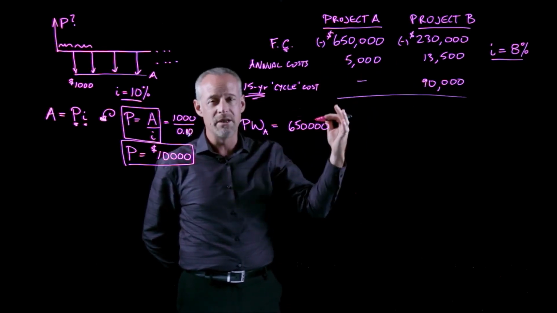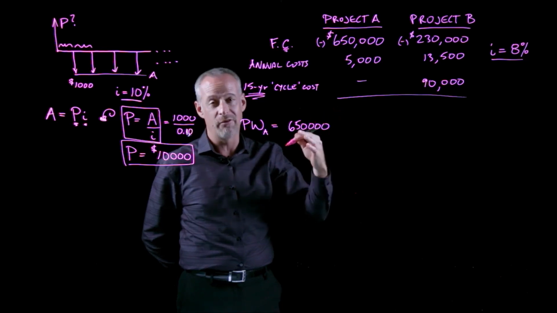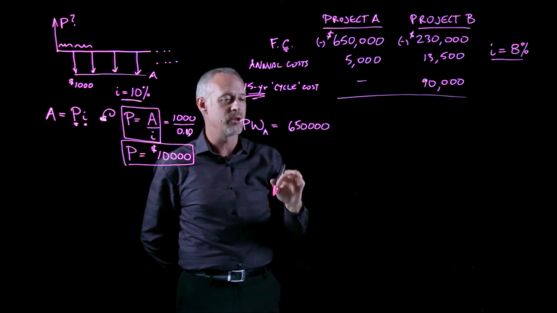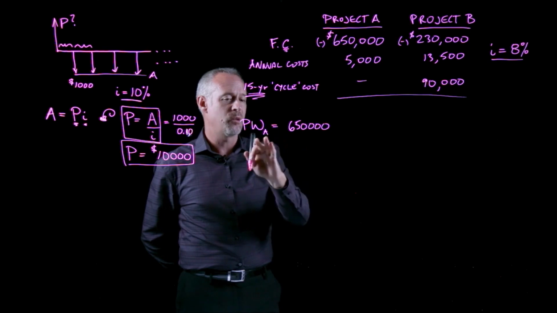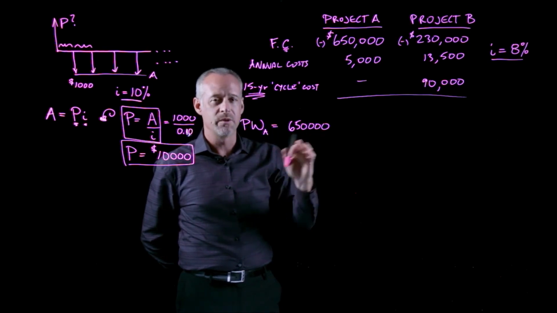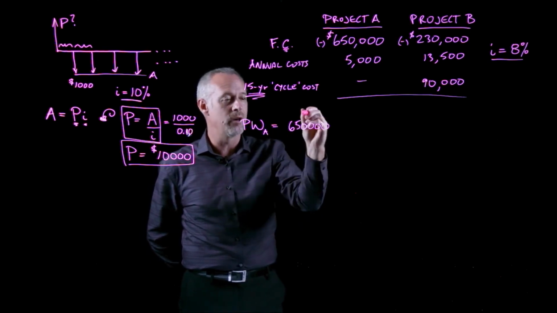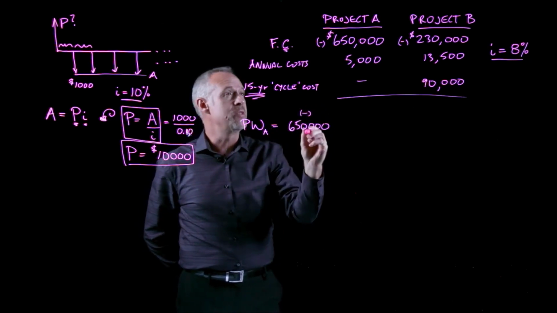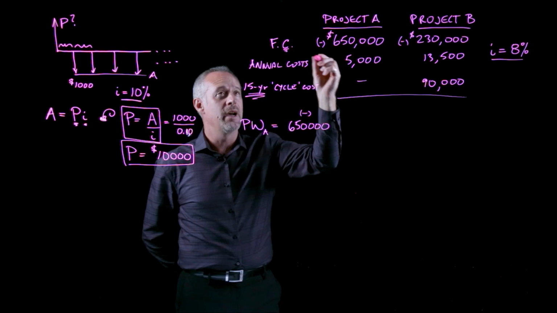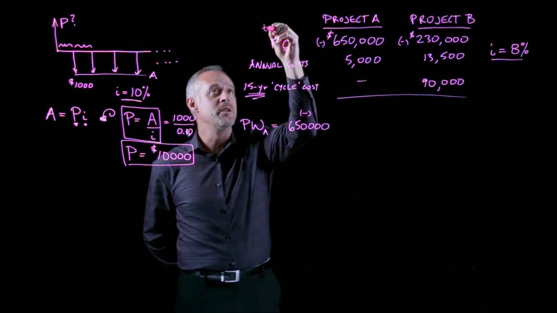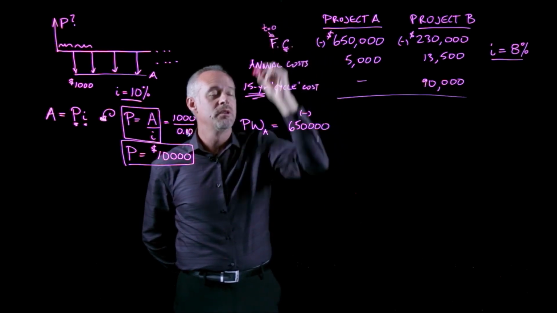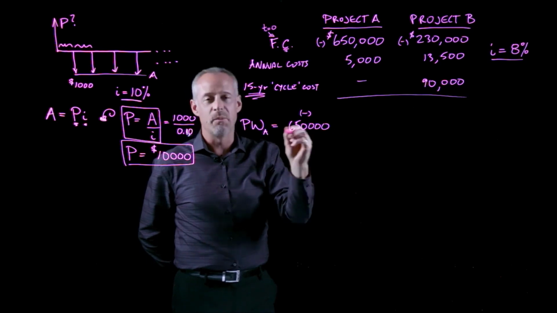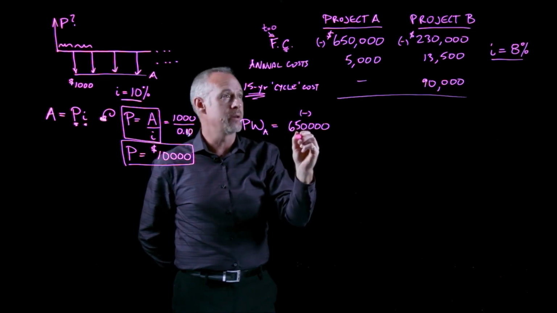So we don't really need to use the sign. We only need it if we have both positives and negatives. So for the moment, the present worth we'll just use as positive numbers, but really they are costs. So the $650,000, that's the first cost, and the first cost, that's really the t equal to 0 time. So this is already the present. I don't need to do anything to that.